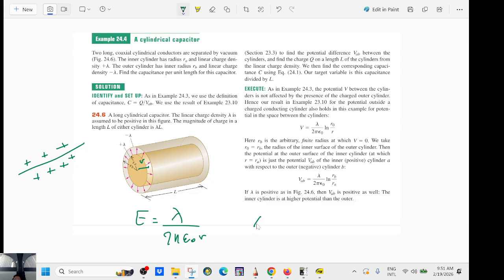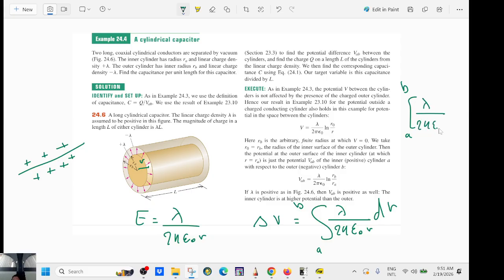And if you take the integral between a and b of lambda over 2 pi epsilon 0 r, what's the integral of 1 over r? It's ln, right? So it's going to be ln between a and b.